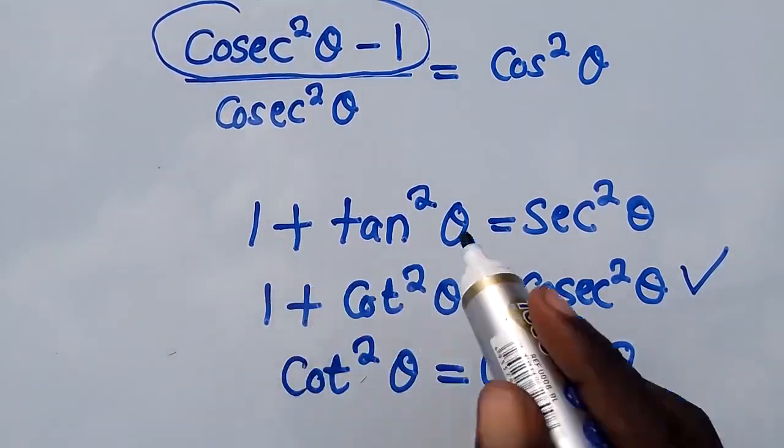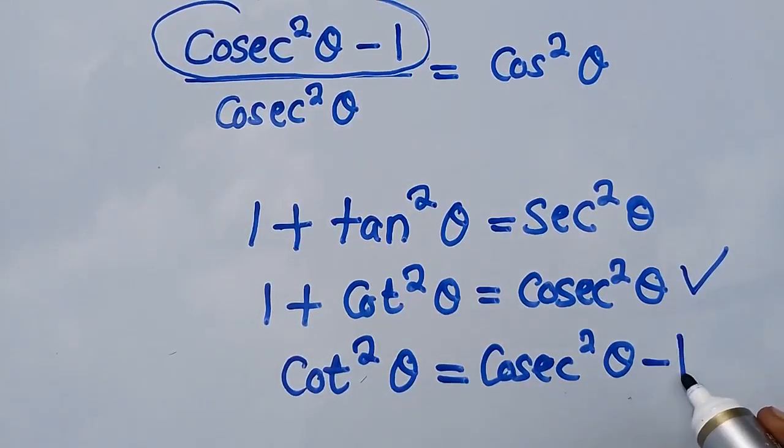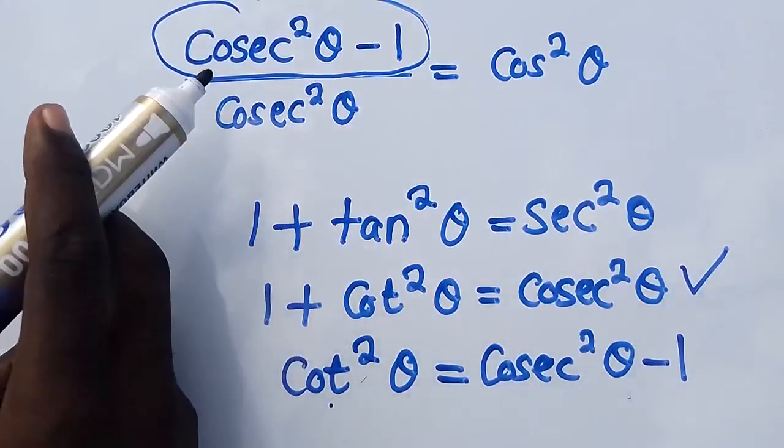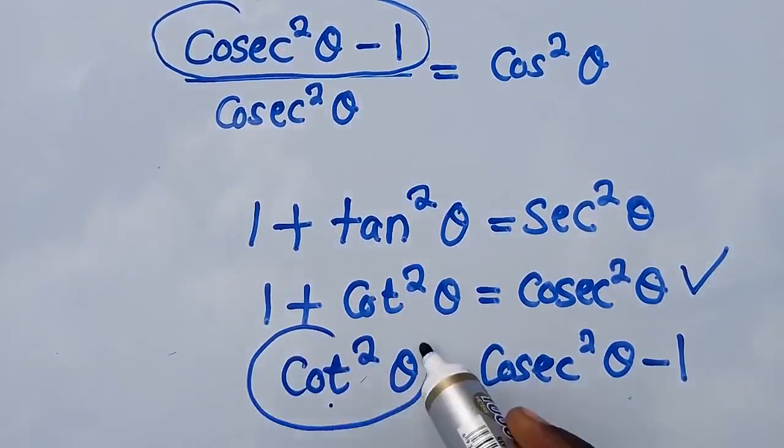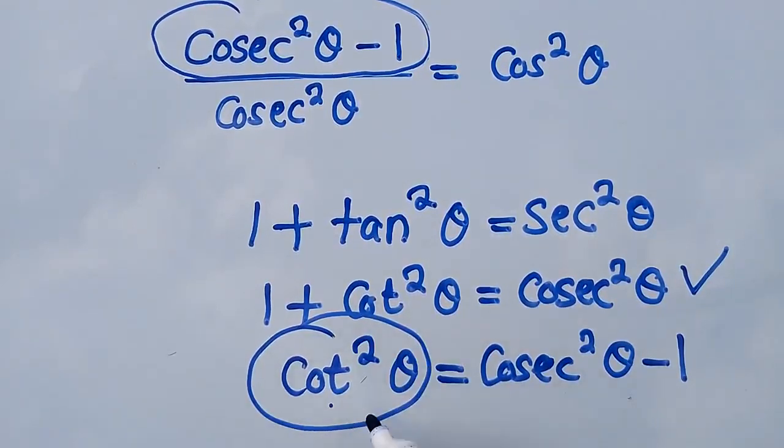This is positive, so when it goes this side, minus 1. Have you seen? So which means that cot squared theta is equal to cosec squared theta minus 1. This is just one and the same. So there on top, where we've got cosec squared theta minus 1, we are going to put cot squared theta.